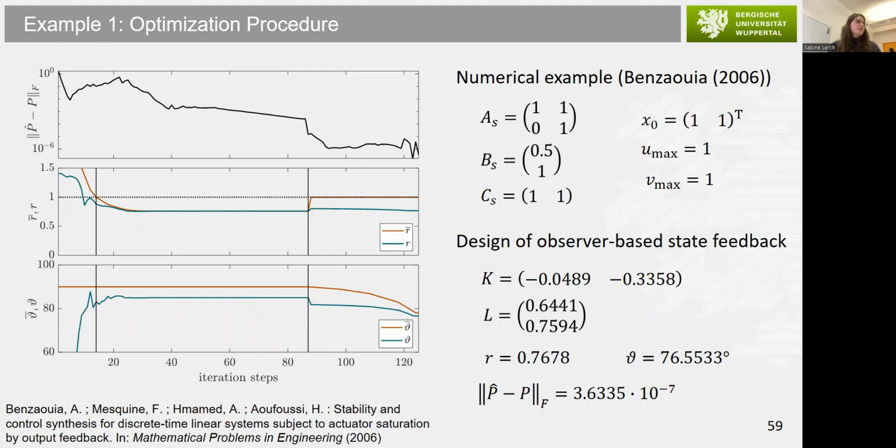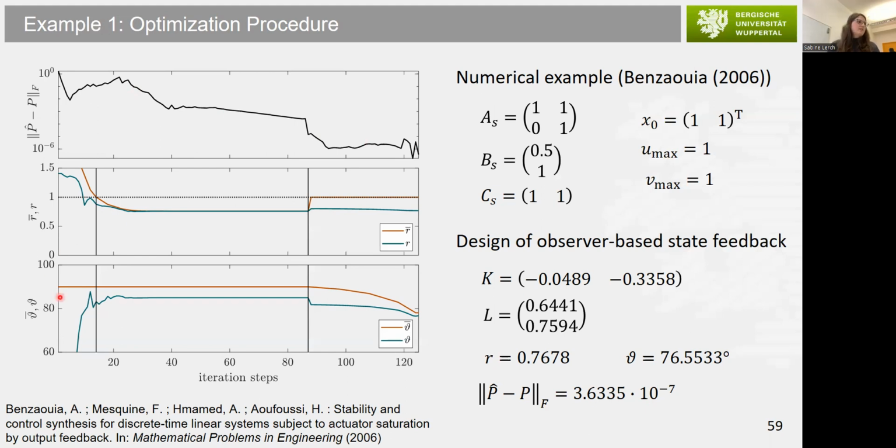In the first plot, you see the Frobenius norm of the difference of P hat and P. And I already said it should be small, because then we solve the original inequality, or nearly solved it. And it decreases here over the iteration steps. And in the end, in the solution, we have 10 to the power of -7. So it's small enough to say that we nearly solved the original inequality.